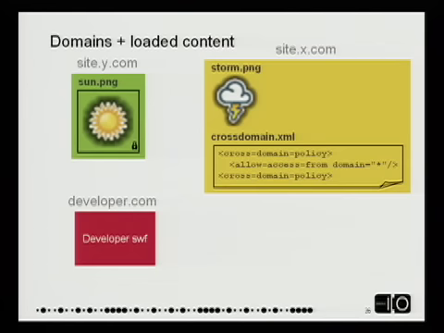So when you're writing something for developer.com, you're free to load both of these images sort of through a loader object. Flash makes quite a strong distinction though based on what you're then going to do with the image you've loaded. If you want just to display it, you don't need any special privileges. But if you want to dig a little bit deeper, if you want to get access, say, to the pixels inside that icon, then you do need to have security privileges in order to do that.